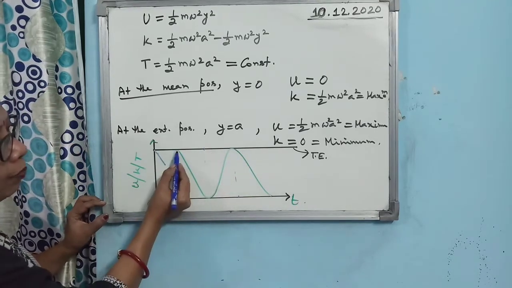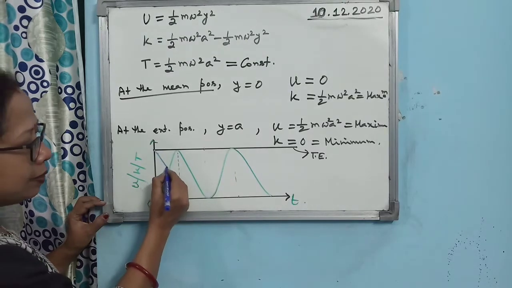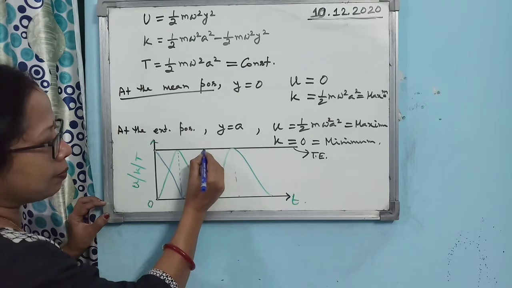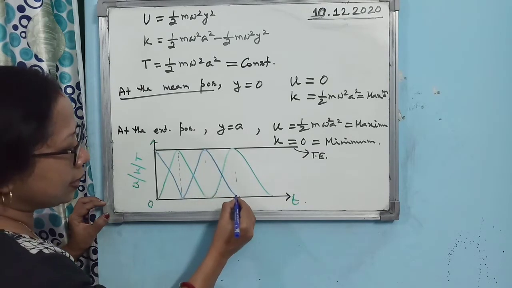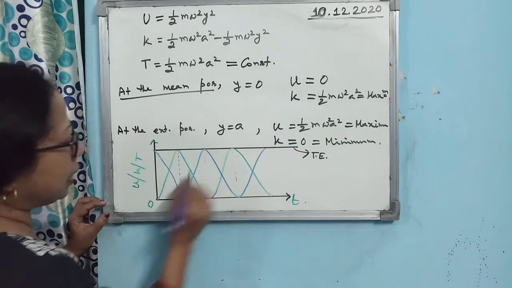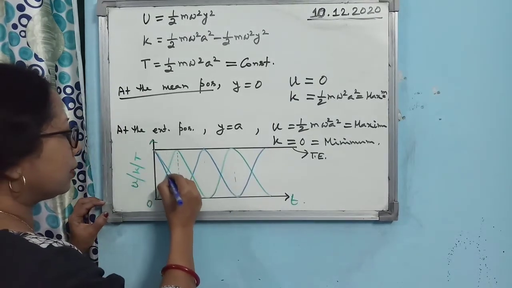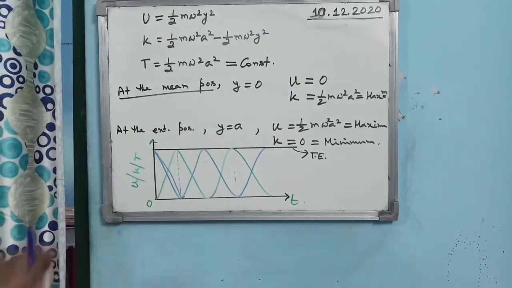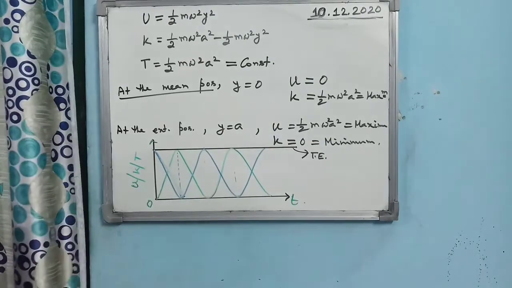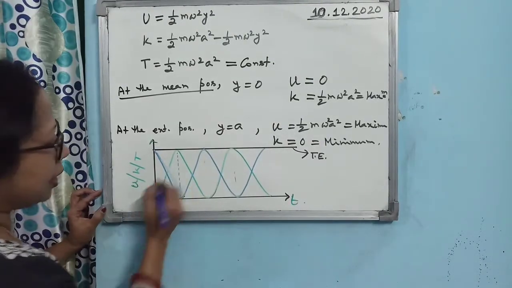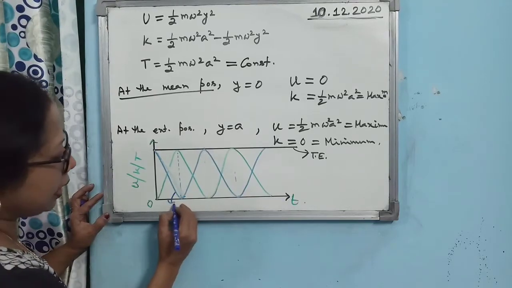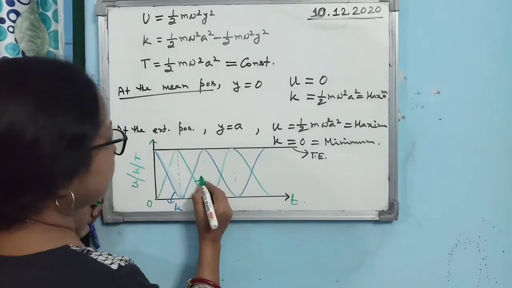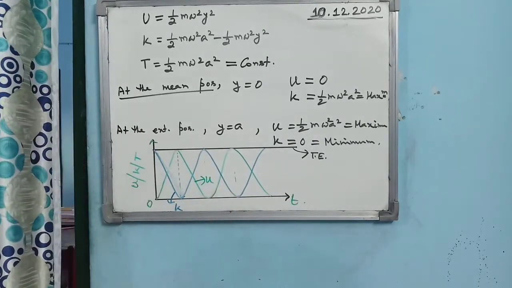When potential energy is maximum, kinetic energy is minimum, so it comes here. Then again when potential energy is minimum, kinetic energy is maximum, and so on like this. Yes, this will be the graph. The blue line represents the potential energy, this is for kinetic energy, and that is the total energy.